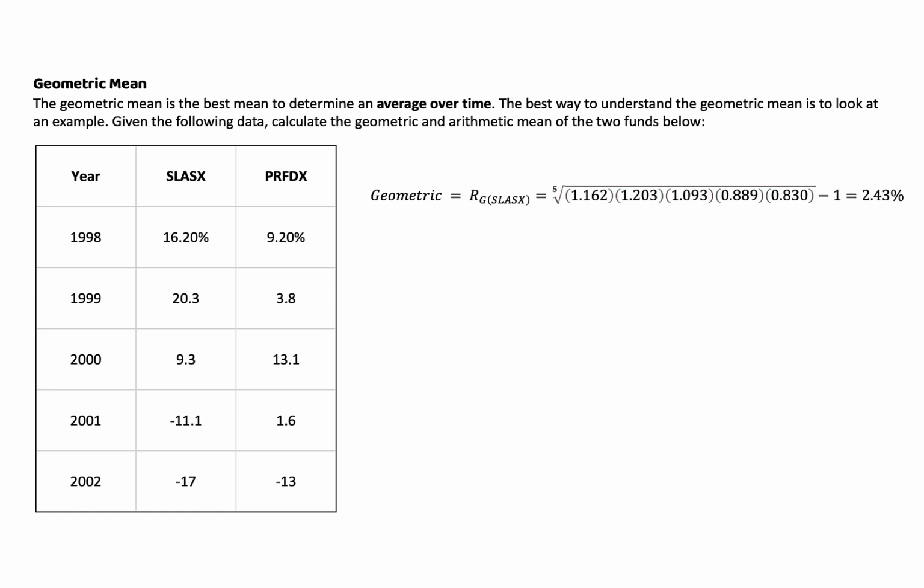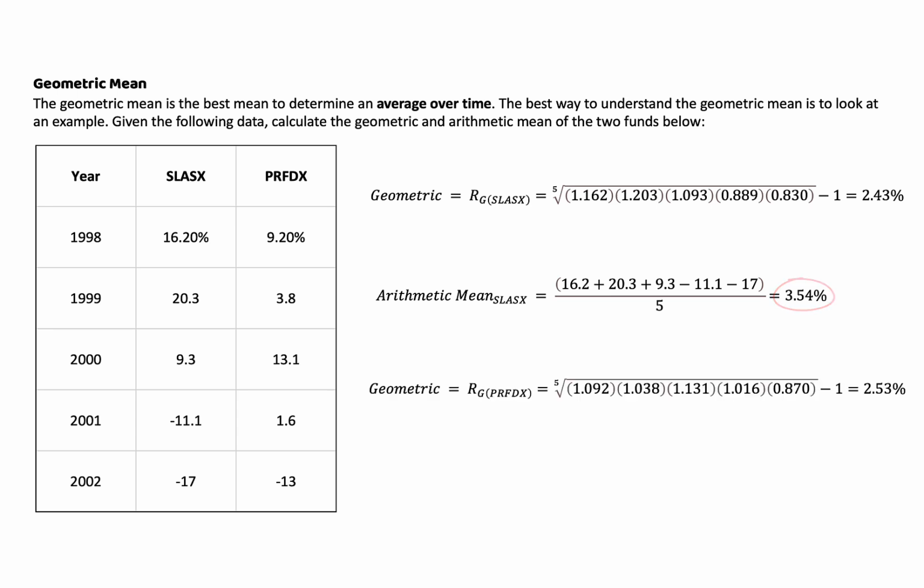The geometric mean formula is shown here. I would divide the percentage here by 100 to get my values. And I would take the total number of observations, which in this case is 5. So I would take the 5th root of that and follow that formula. I would get 2.43%. If I did it for the arithmetic mean, I would get 3.54%.